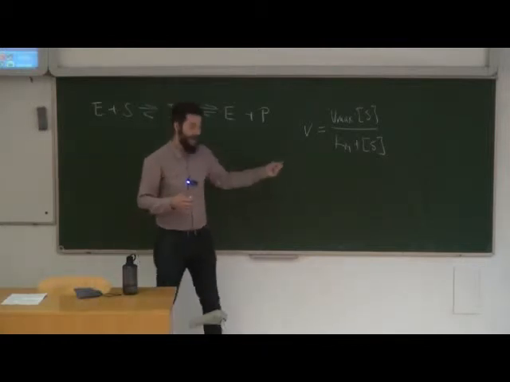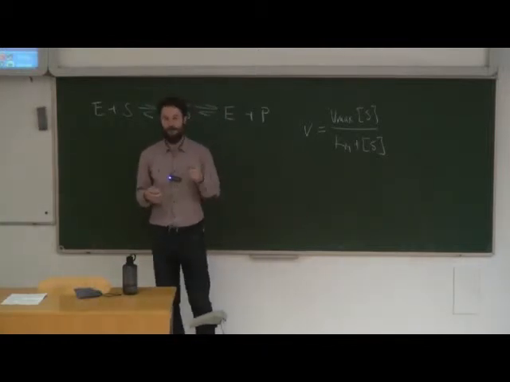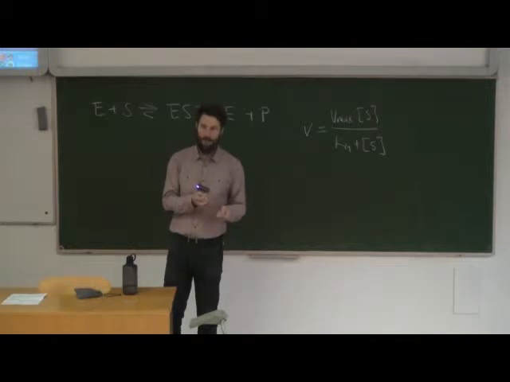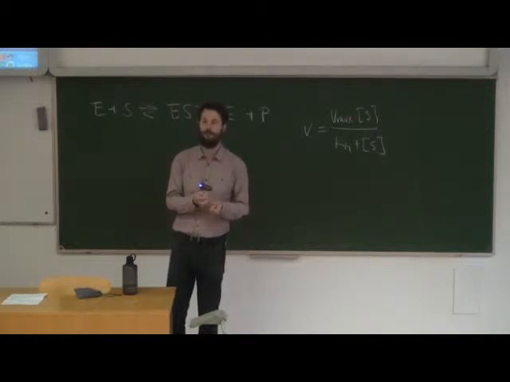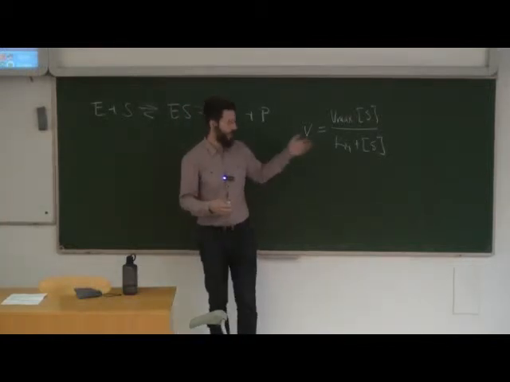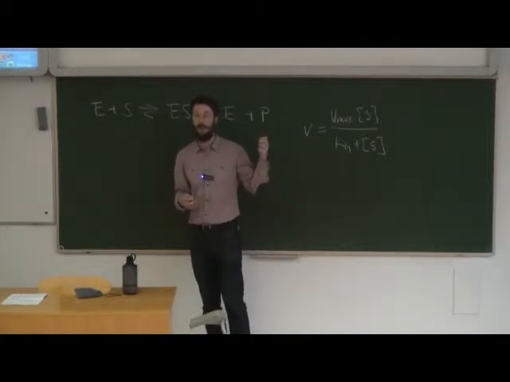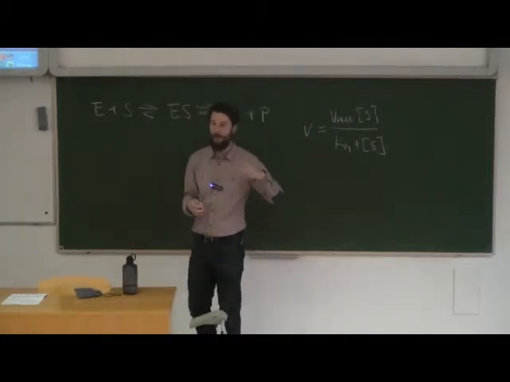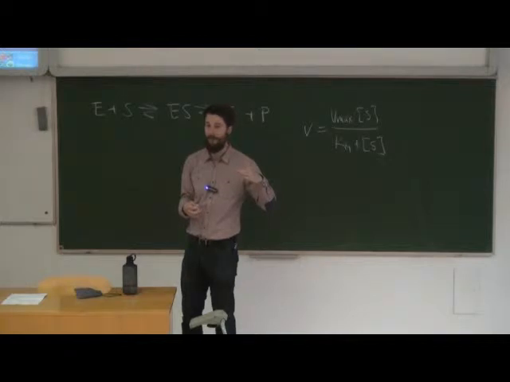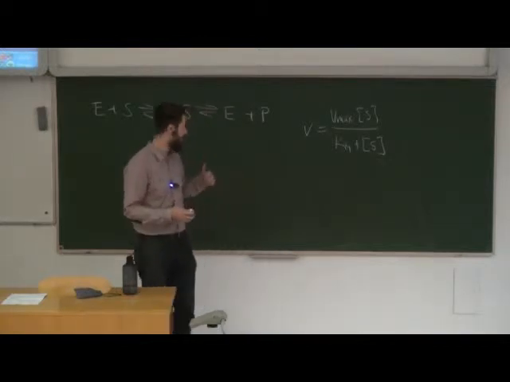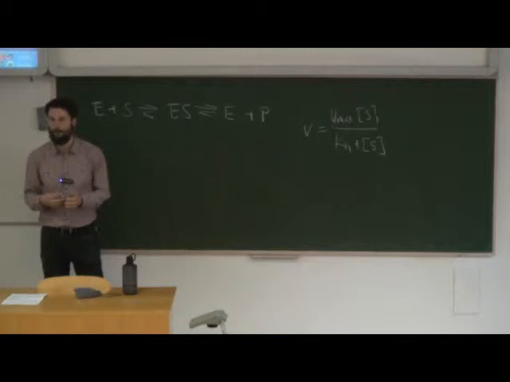Km is equal to the concentration of substrate at which the rate of the enzyme catalyzed reaction that we're looking at is going to be half maximal. It's going to be half of Vmax. I'm going to draw the graph in a second so we can look at it.